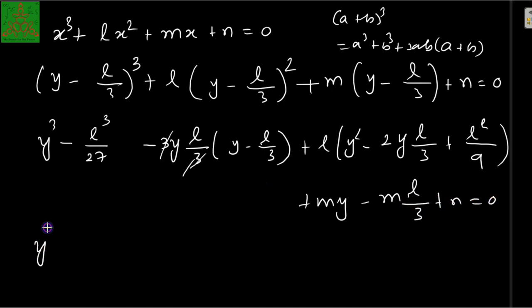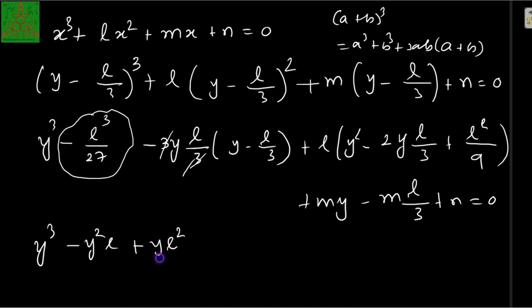It is y cube. This minus l cube by 27 is a constant term, so I can write that later on. When you multiply, this 3 will be cancelled out here, and if I multiply this y l to this y, then it will be minus y square l, then minus minus becomes plus l square y by 3.